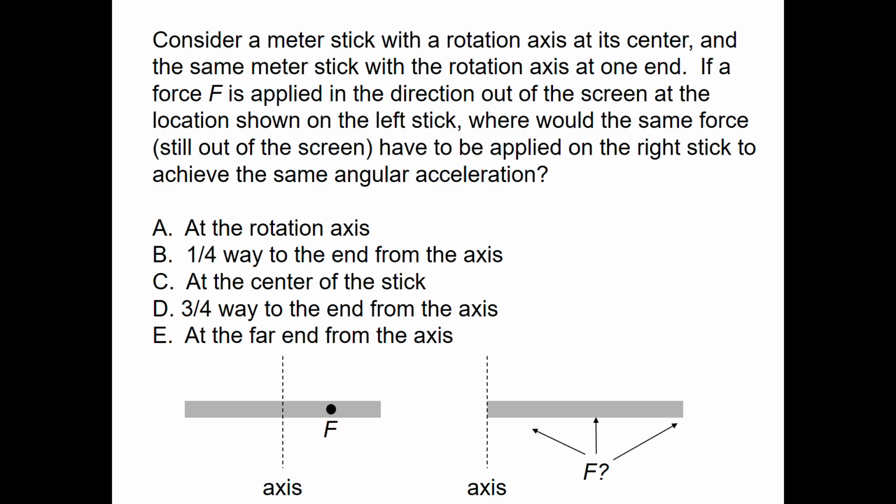If a force F is applied in the direction out of the screen, in other words, somebody puts their finger on the meter stick and pushes in the direction out of the screen, the computer screen, with a force F right there, and we observe a certain angular acceleration about the axis, just for a very short amount of time of applying that F. Where in this second case, where we pivot the object for rotation about the end axis, where should we apply the same F out of the screen in order to make it angularly accelerate with the same angular acceleration?